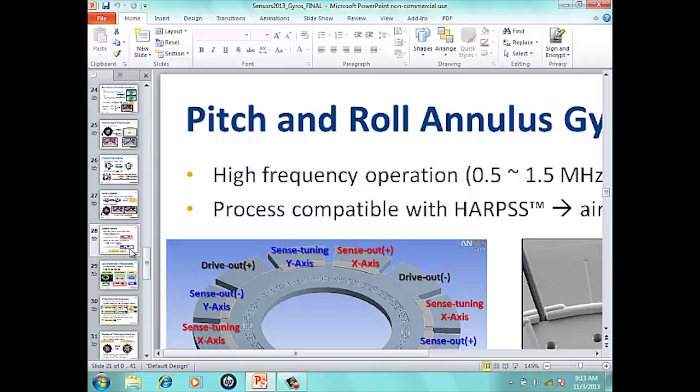You mentioned the shock and vibration test. I presume these tests were done at room temperature? Yeah, everything was done at room temperature. Any trends that you observed about the operating temperature of the component?